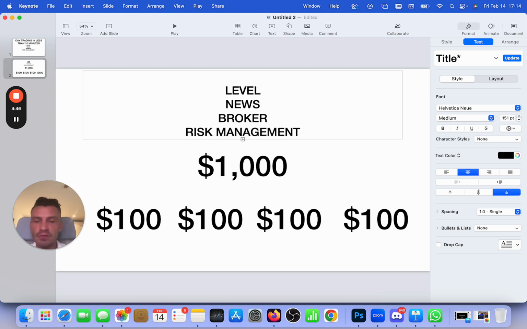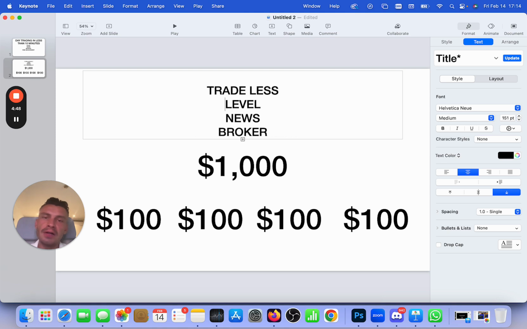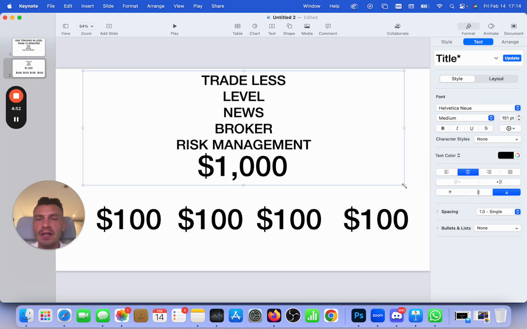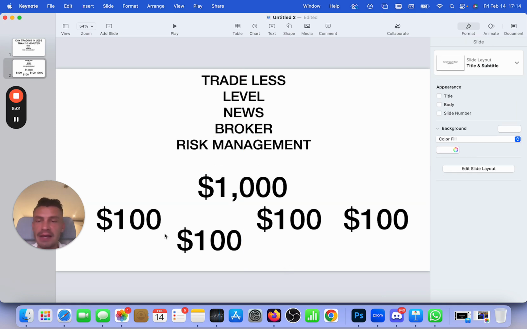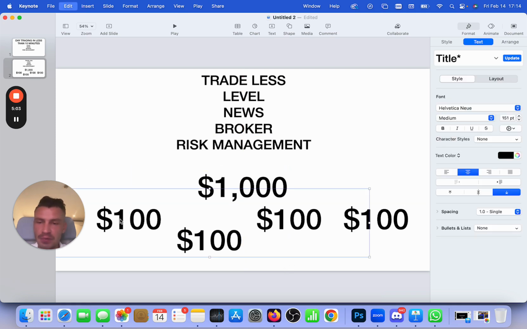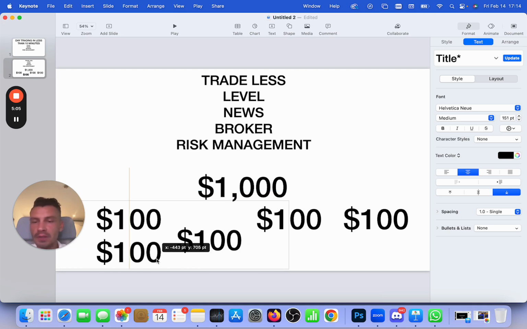The most successful traders are traders that actually trade less. So if we have this here, that should represent your different weeks. So that will be, for example, week 1.